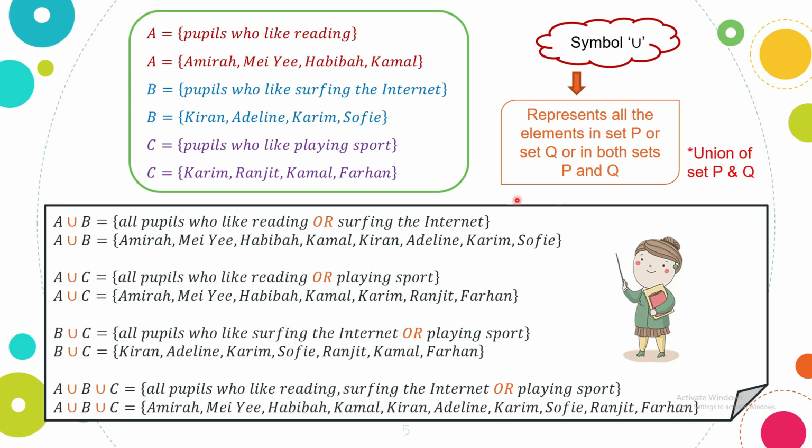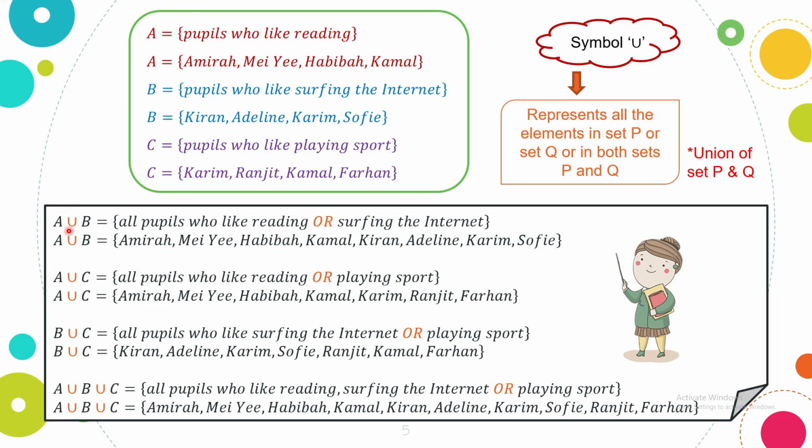All of the elements in set A or set B or both sets A and B. We combine both elements from set A and set B. This is why we call it the union of sets.